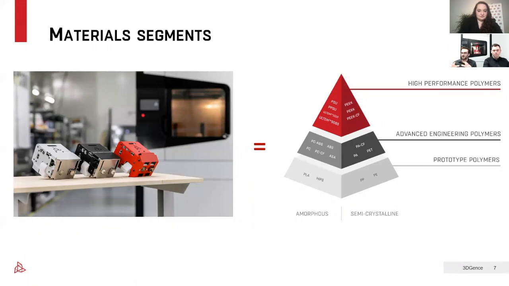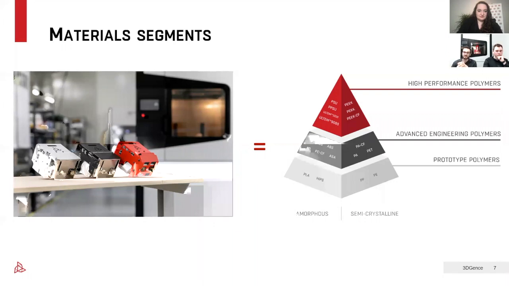Just a very brief focus on each. Amorphous materials are, in very broad terms, materials that are unable to create an orderly structure within their own mass. You would call this structure a crystallite or a crystal, but a characteristic of semi-crystalline materials is the ability to create those structures, and it strongly affects the properties of the material itself.